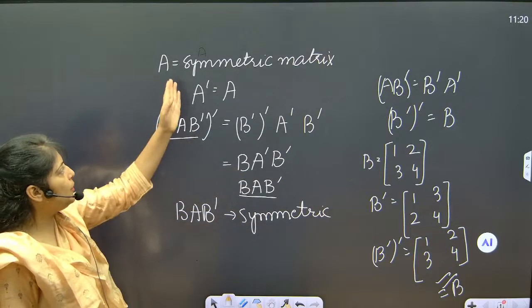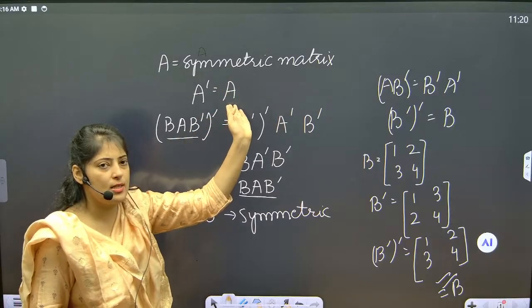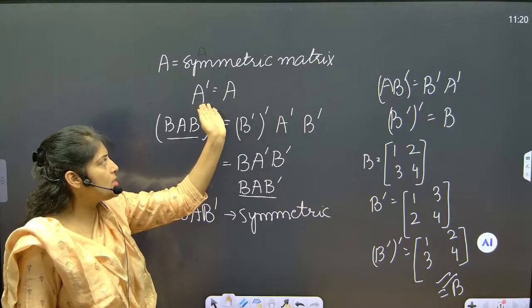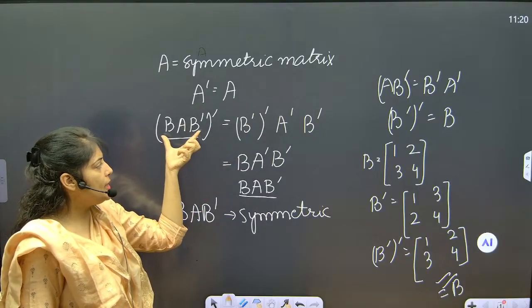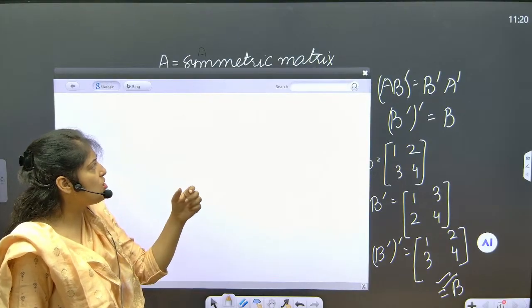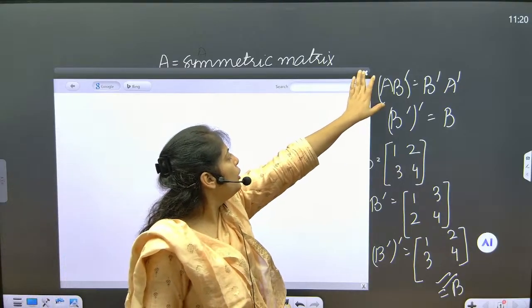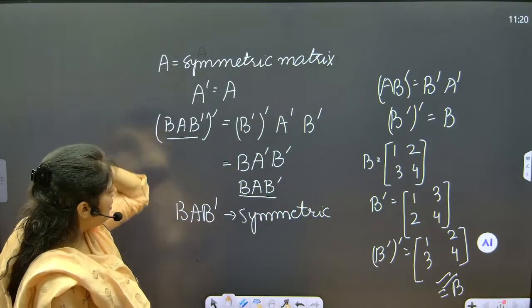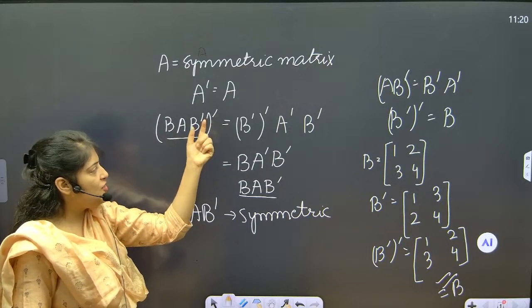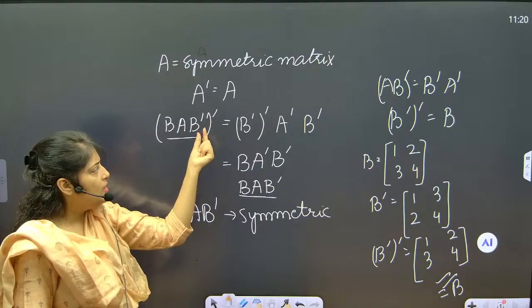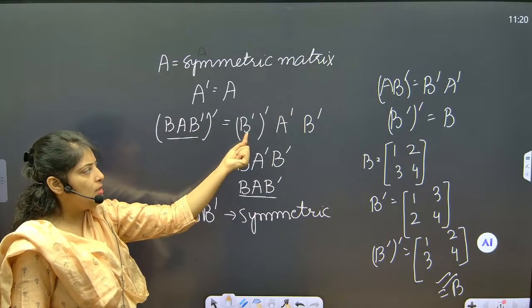I'll tell you once more what I'm saying. See, it is given to us that A is a symmetric matrix. Symmetric matrix means A transpose equals A. We have to see whether this is symmetric or skew symmetric. So we'll start with its transpose. Transpose has its property, the order will reverse.